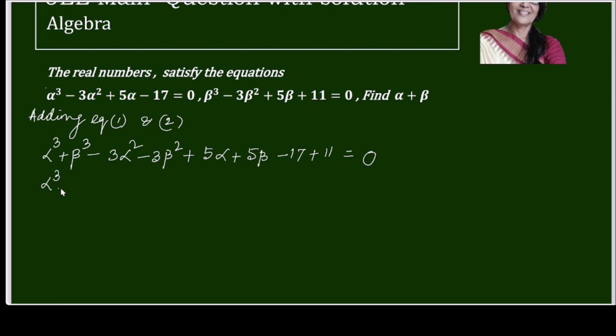Or it can be written as alpha cube plus beta cube minus 3 taking common alpha square plus beta square plus 5 taking common alpha plus beta minus 17 plus 11, that will be minus 6, equals 0.